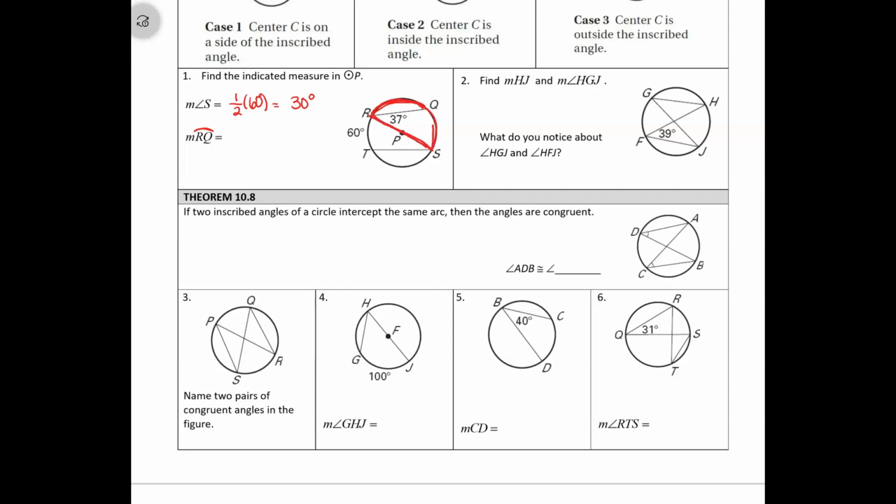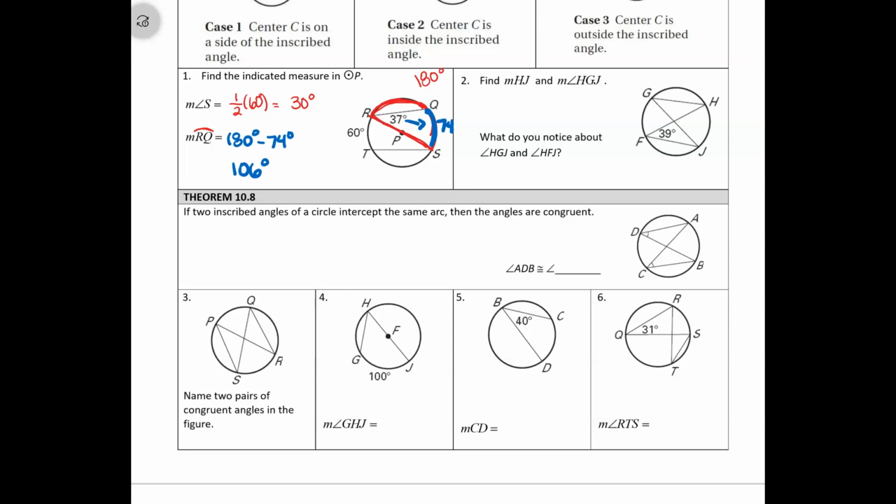So this whole thing that I'm doing in red is 180 degrees. Now, if I look across from this 37, that is going to double and give me 74 degrees. So if that's 74 and that's the blue piece, then I can calculate what's left over of that 180 degrees. I can say 180 subtract 74 degrees, and that is going to give me 106 degrees. So now that we have knowledge of intercepted arcs, we can use that to solve more complex problems.